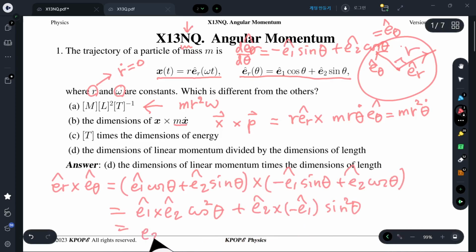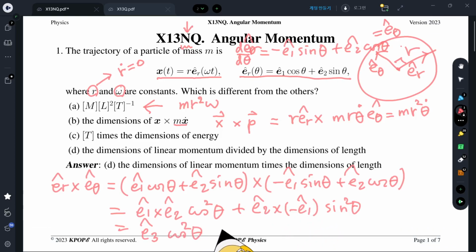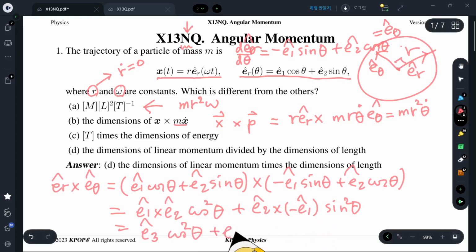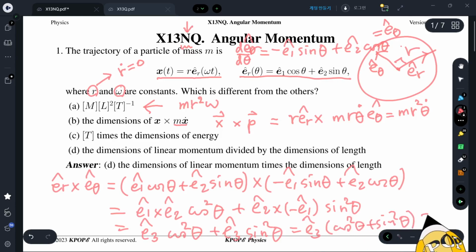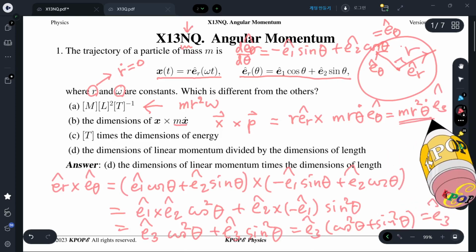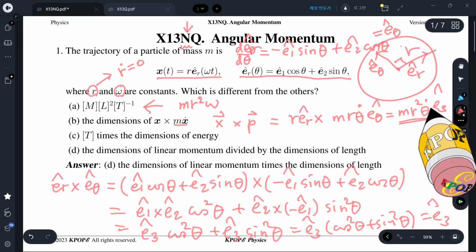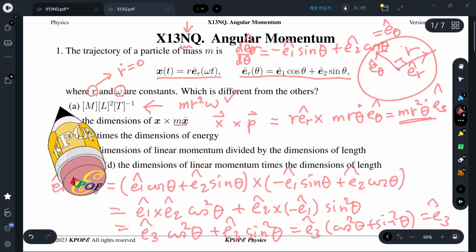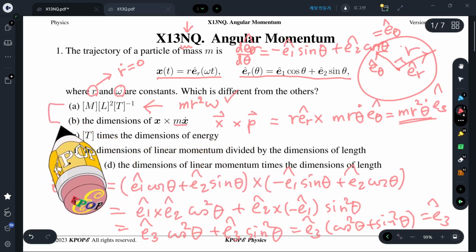This is the e_3 hat cosine square, and this is 2,1 minus e_3. So minus minus plus e_3. So e_3 cosine square plus sine square, e_3 hat. Okay, e_3 hat. m r squared theta dot, where theta dot equals omega. Aha! I think they are the same.